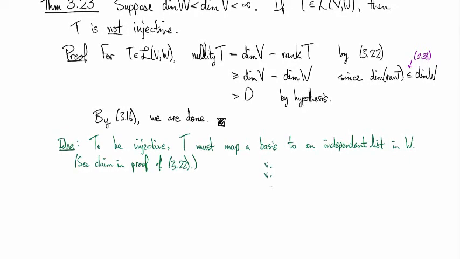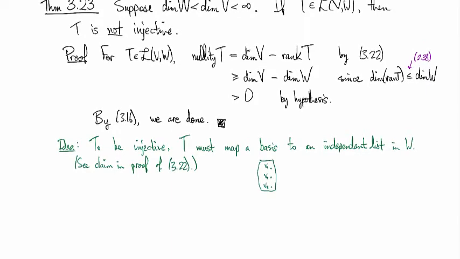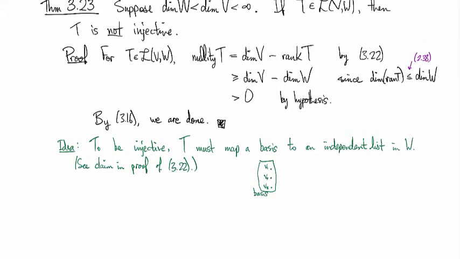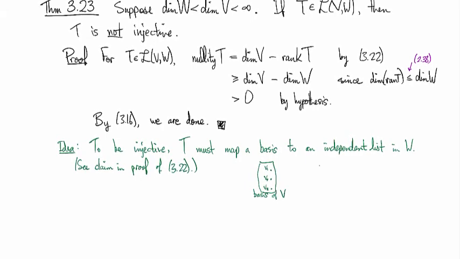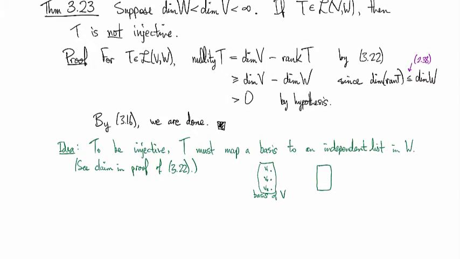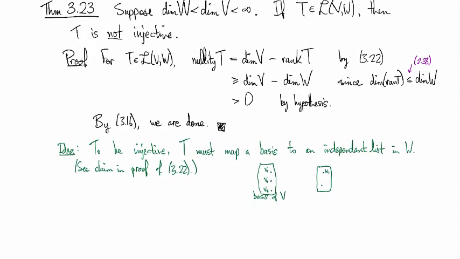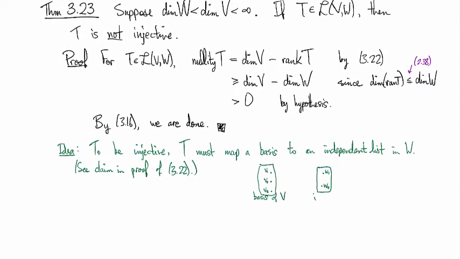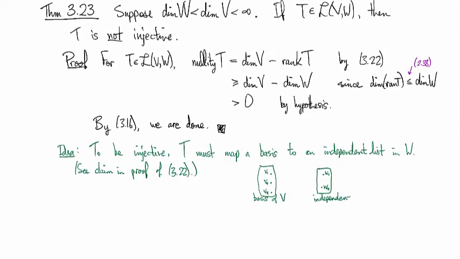So suppose we just have a basis of V that looks like this, and then suppose W has a strictly smaller dimension. Well, then that means that the largest independent set you can have in W has two elements.